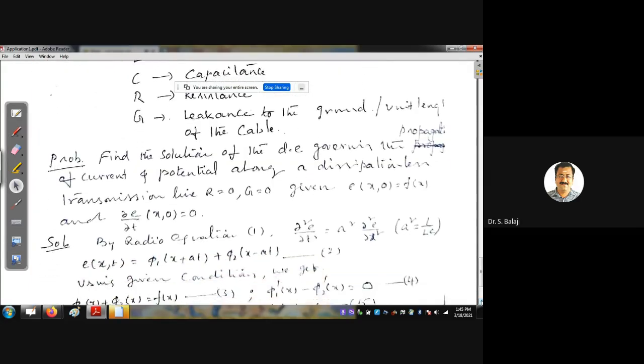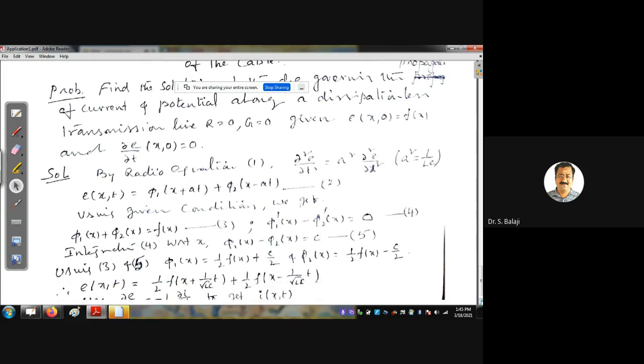We have taken it randomly, I think. And then rho of x comma 0 equal to f of x, but we have to get it in terms of x.